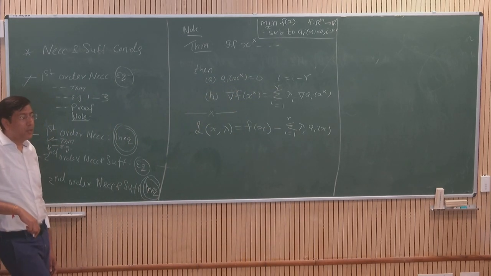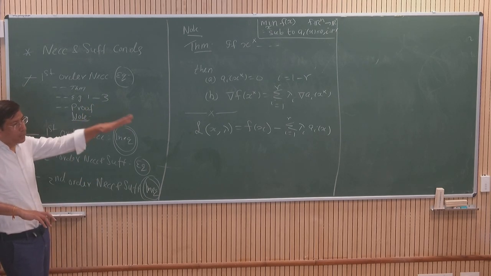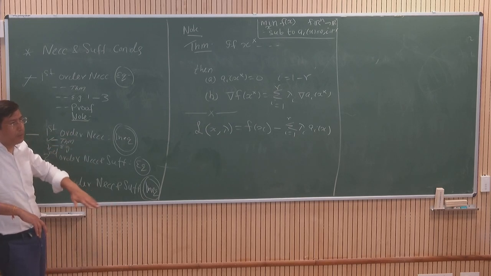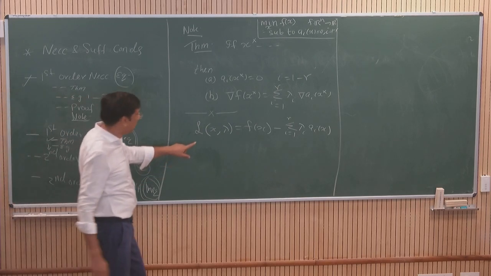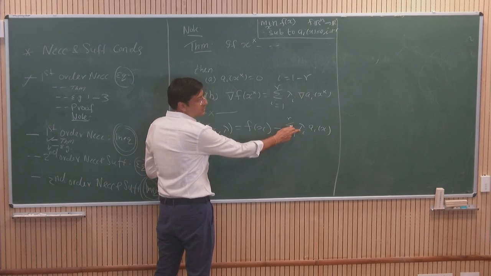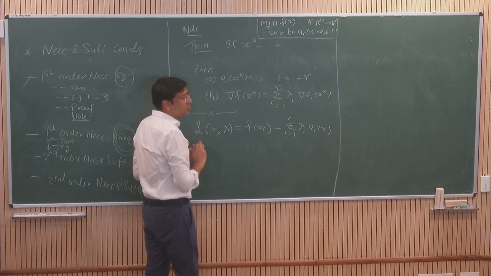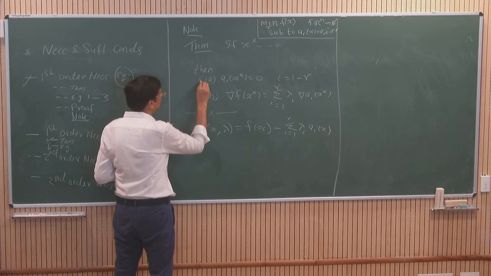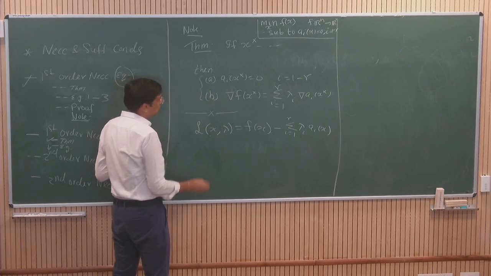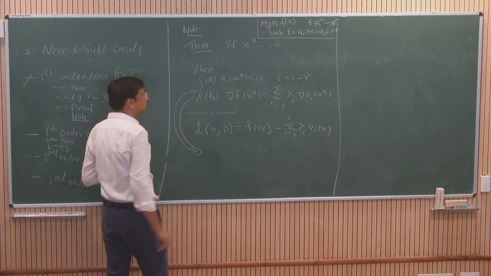So what the Lagrangian does is it combines the two together. Rather than write the objective function separately and the constraints separately, you can put them together. It's a function of x and lambda. Lambda is lambda 1 through lambda r. That's the lambda vector. x1 to xn is the problem variable. So now the question is, how can you write these two conditions in terms of the Lagrangian? This is an equivalence which you can think about.